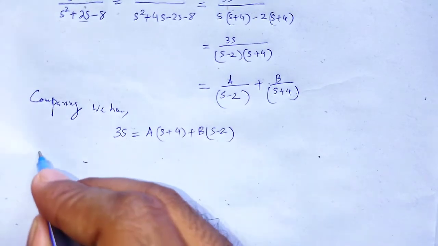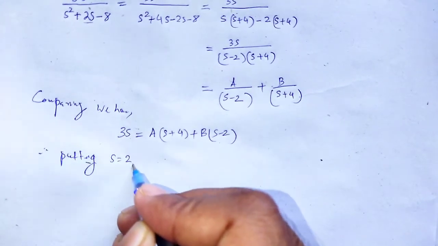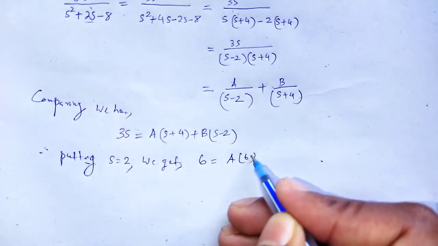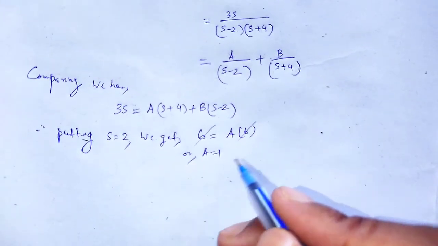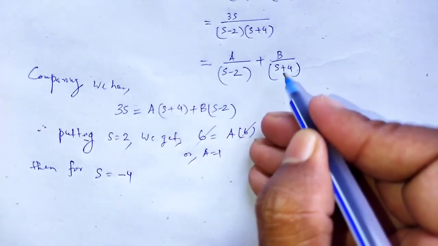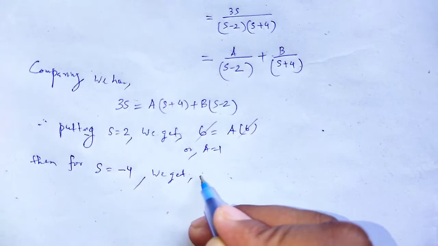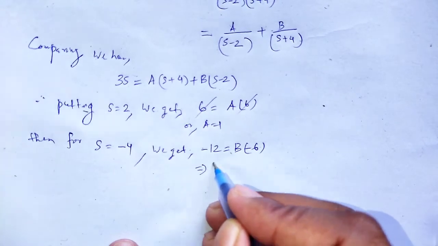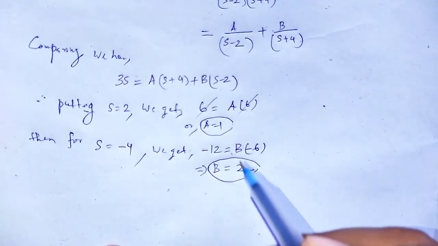If we put s is equal to 2, we get 6 is equal to a into 6, so 6 cancels out, and we have a is equal to 1. Then for s is equal to minus 4, we get minus 12 is equal to b whole into minus 6. Under cancellation we have b is equal to 2. So a is equal to 1 and b is equal to 2 is evaluated.